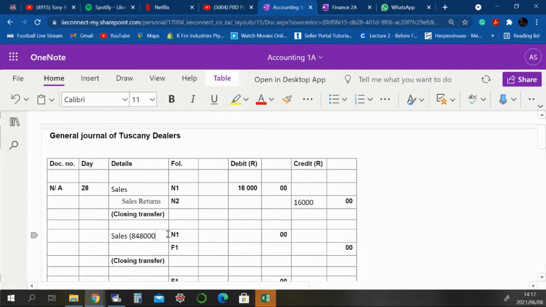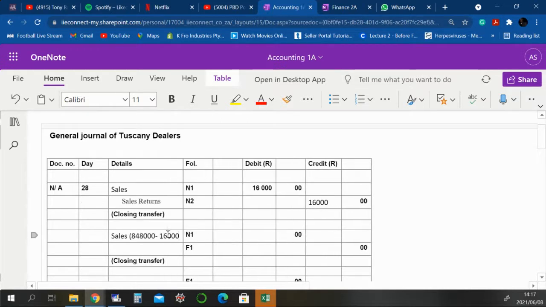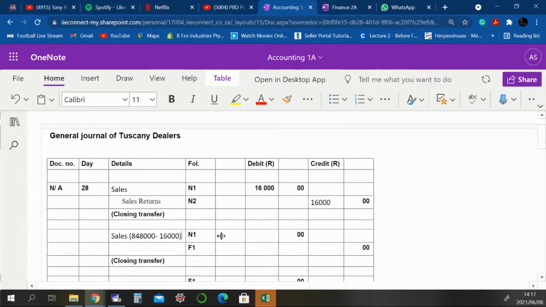And then it's the 16,000 for the return, so minus 16,000. And we said that brings us to a total of 832,000, right? Yes.